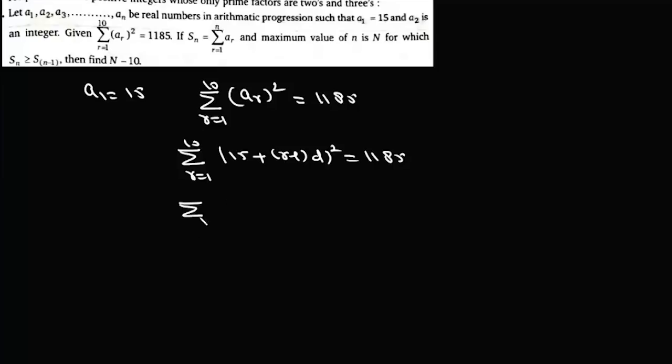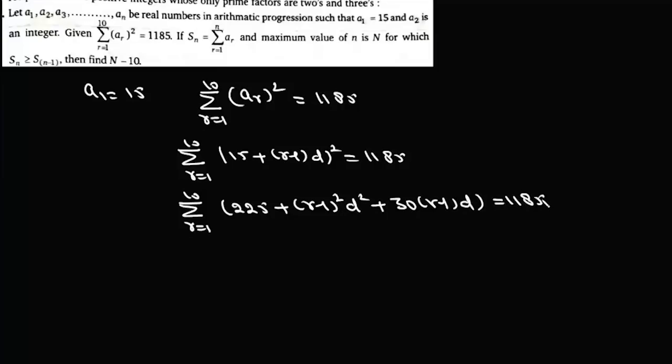Now we can write this as summation r varies from 1 to 10 of 225 plus r minus 1 square into d square plus 30 times r minus 1 into d, and this is 1185.